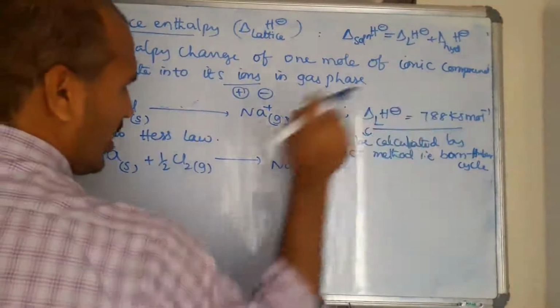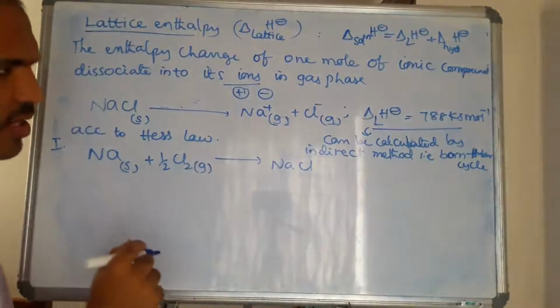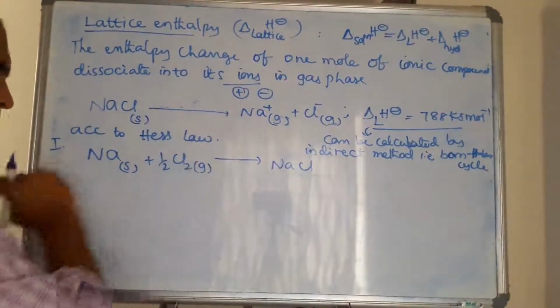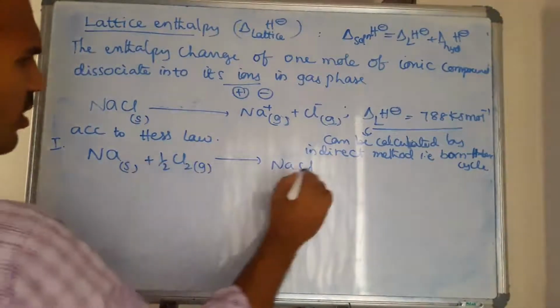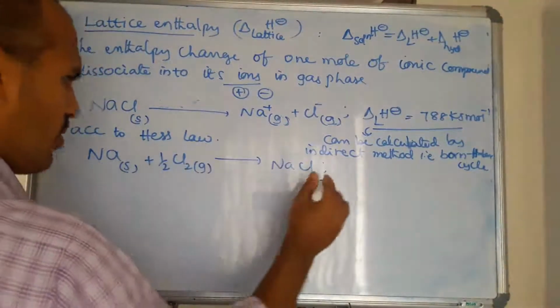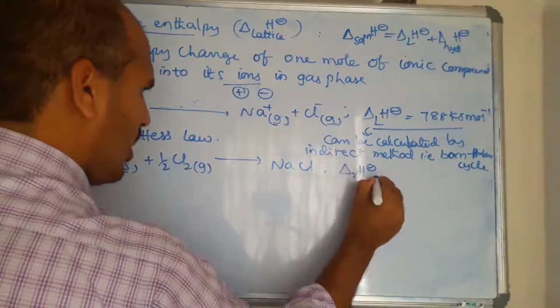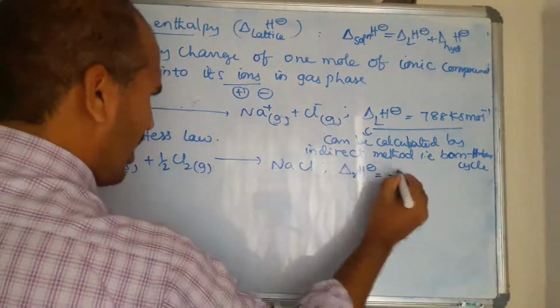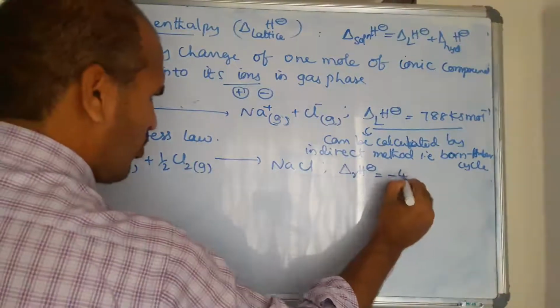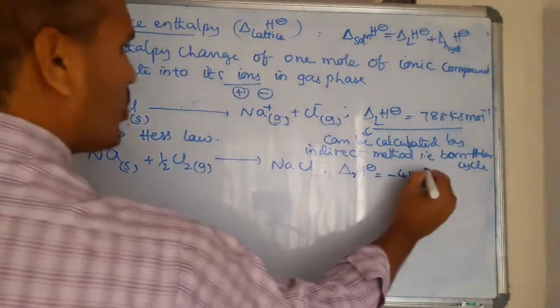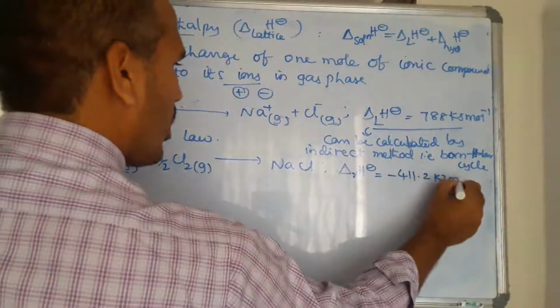That time you will get a minus sign, because you know the Laplace law. What is that? Enthalpy change is the same with the opposite sign for the reverse reaction. Therefore, for this one, delta H of formation is equal to minus 411.2 kilojoule per mole.